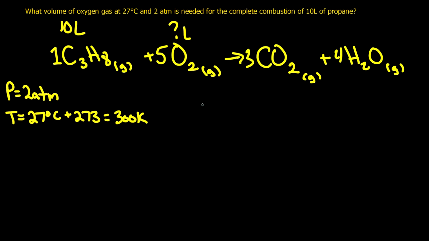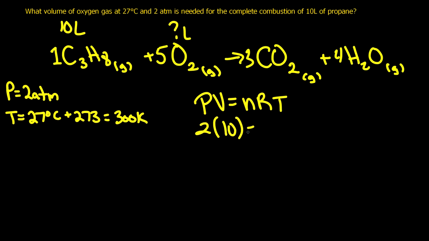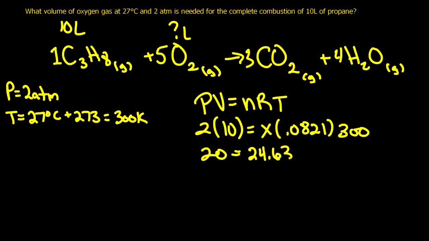In order to do that, we use ideal gas law, or PV equals nRT. So my pressure is 2, my volume is 10, moles is what I'm looking for, R is 0.0821 since this is atmospheres, temperature is 300. So 2 times 10 is 20, 300 times 0.0821 is 24.63, times x makes it 24.63x.